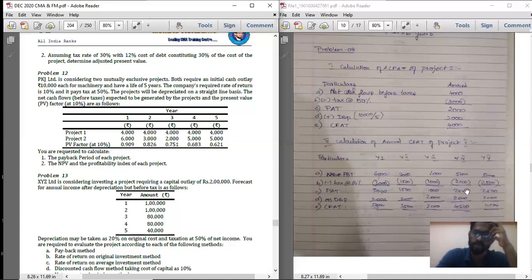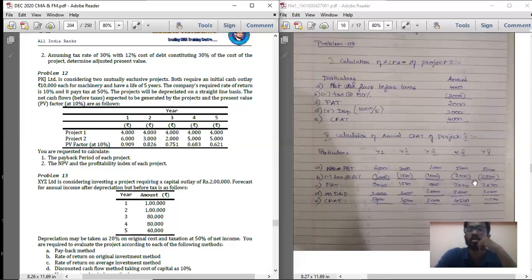Year 4: 5,000 into 50% is 2,500 within bracket. Last year also 5,000 into 50% is 2,500 within bracket. So the tax amounts are: year 1, 3,000; year 2, 1,500; year 3, 1,000; year 4, 2,500; and year 5, 2,500. Now deduct it. Below that, small c, profit after tax.